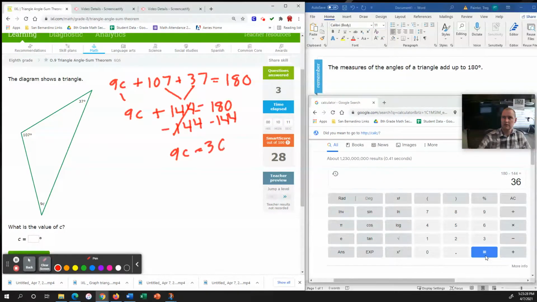Nice. So ask yourself, 9 times what gives you 36? And if you said 9 times 4 is 36, you got it right. So divide by 9, c equals 4. So what's the value of c? 4. So here's a 4 there.